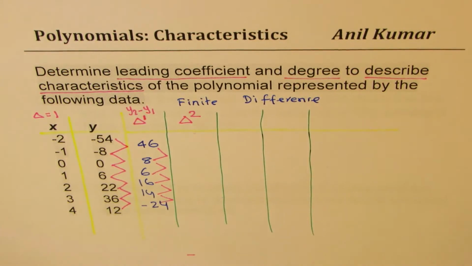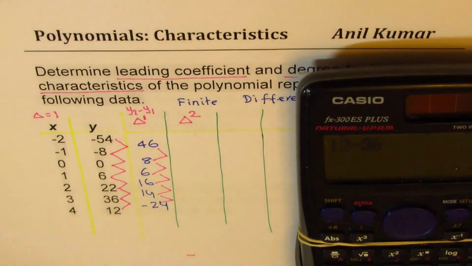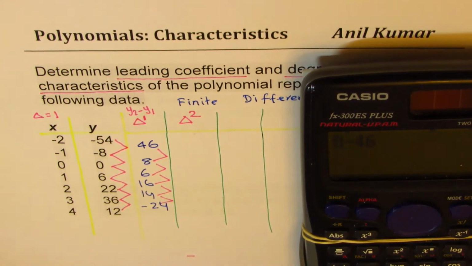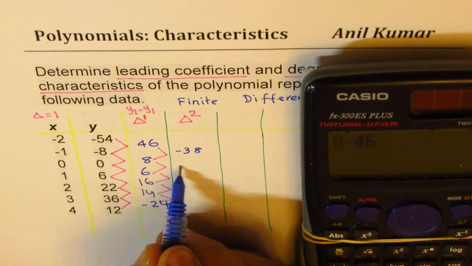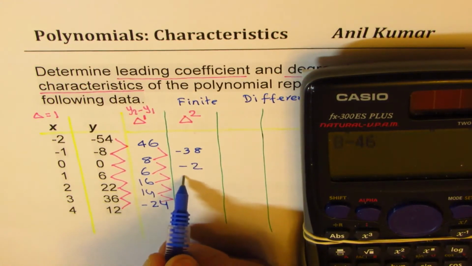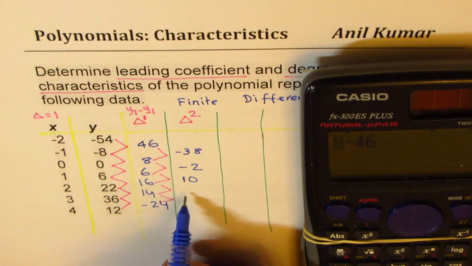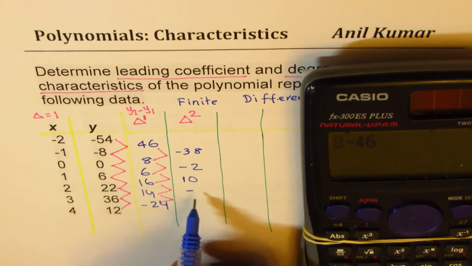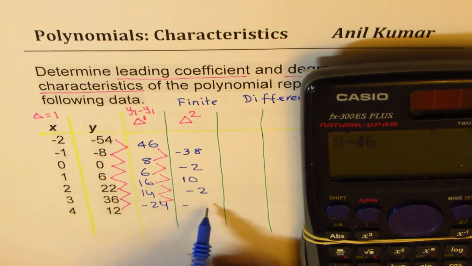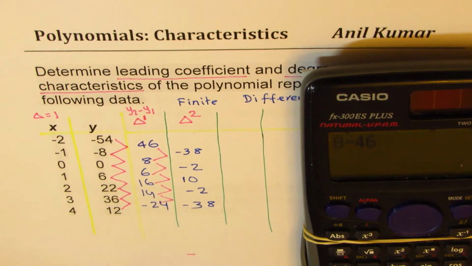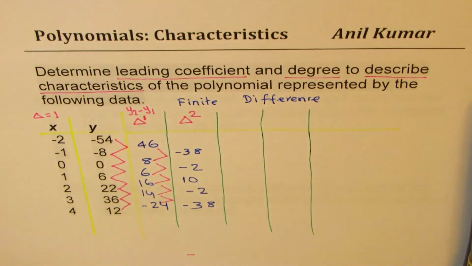We'll do 8 minus 46, which is negative 38. 6 minus 8 is negative 2. 16 minus this is 10. 14 minus 16 is minus 2. And minus 24 minus 14 makes it minus 38. This is also not constant, so we'll continue.